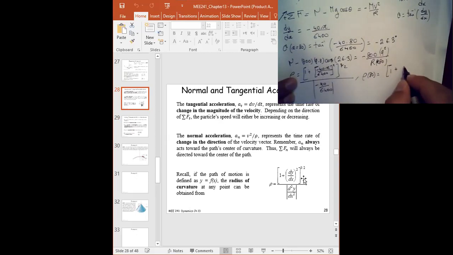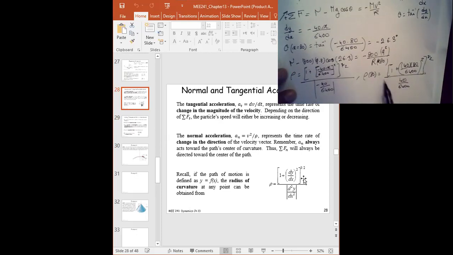So 1 plus 40 times 80 over 6400 squared, to the 3 over 2, and the whole thing is divided by 40 over 6400. So once you do this, you can find N. I'm not going to do all these calculations here because I will let you guys do it, but it's pretty straightforward, just numerical computation.